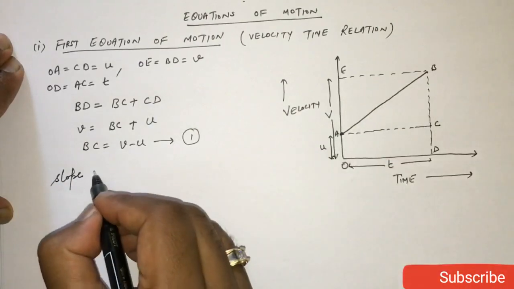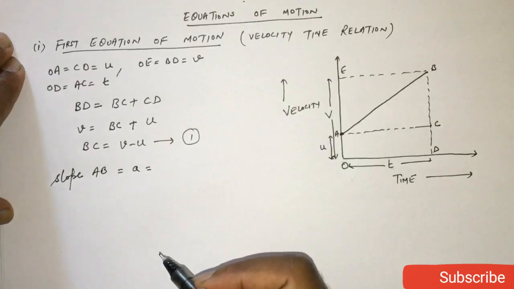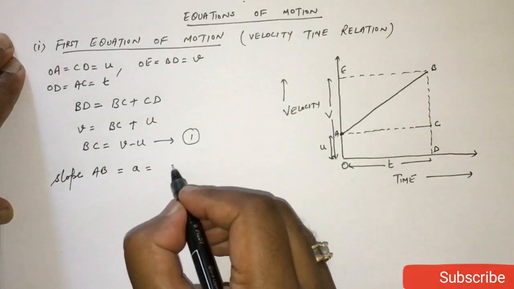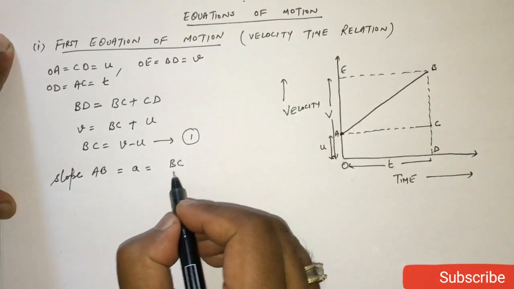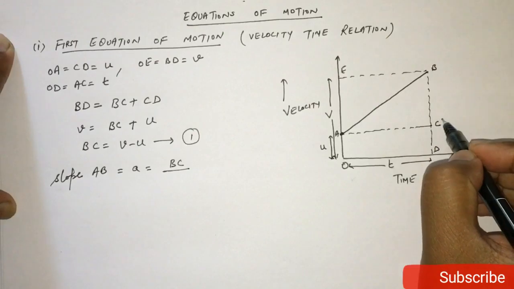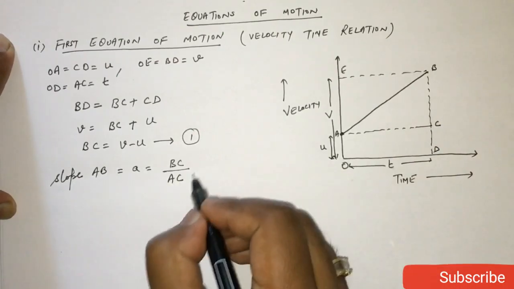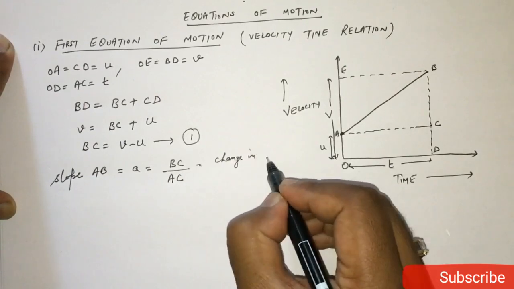slope AB represents acceleration, and this acceleration equals change in velocity upon time. So the change in velocity is BC and the time is AC.